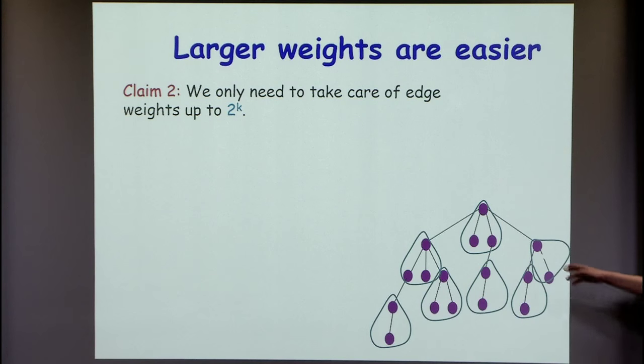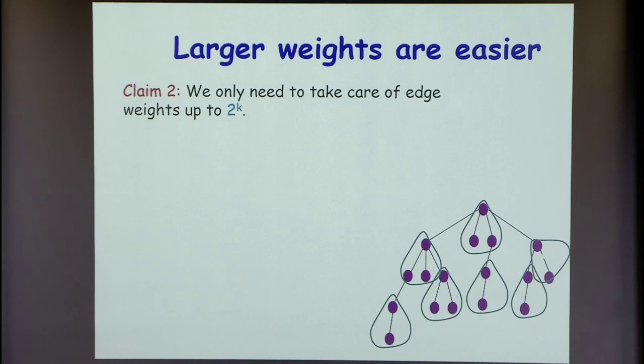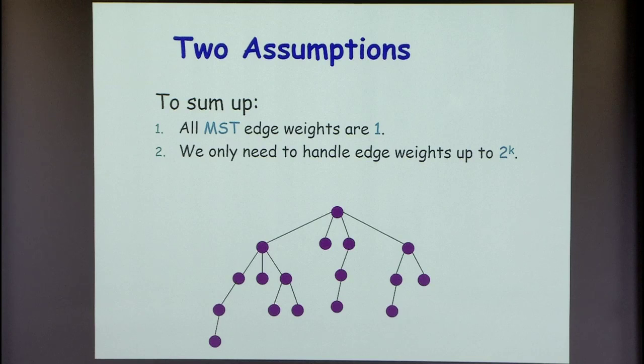So we need to play a bit with the weights of the MST too. But that's the general idea. So for almost the rest of the talk, we will assume these two assumptions: that the edges of the MST are all 1, and that all the weights in our graph are at most 2k.